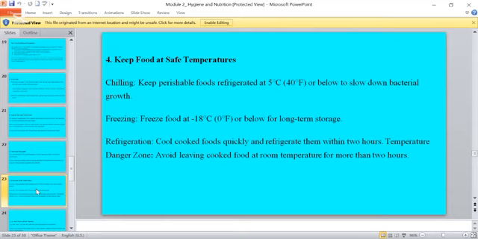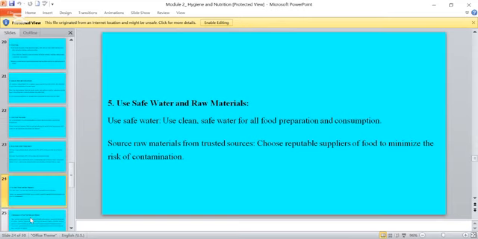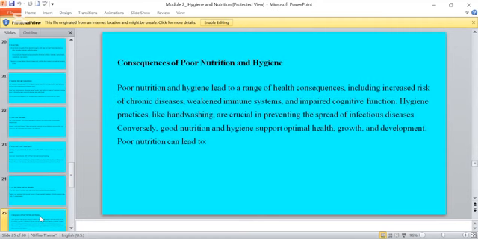And then cool cooked food quickly and refrigerate them within 2 hours. Avoid leaving cooked food at room temperature for more than 2 hours. Also use safe water and raw materials. Use safe water for all food preparation and consumption.